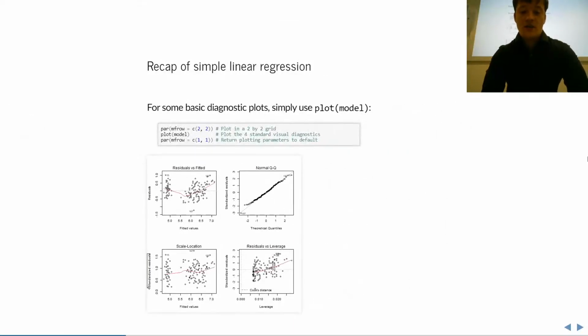Okay, then we have the diagnostic plots. Usually I prefer the one from the package car, but in principle you could just say plot model, which will give you 4 plots. And usually I add this little part at the beginning, which says I want to plot in a 2x2 grid. The reason for that being that if you look at any of these in isolation, it is really hard to say what is going on if you see a deviation that's problematic.